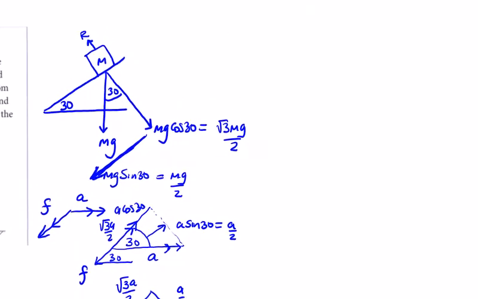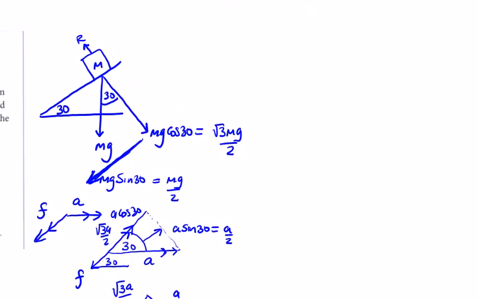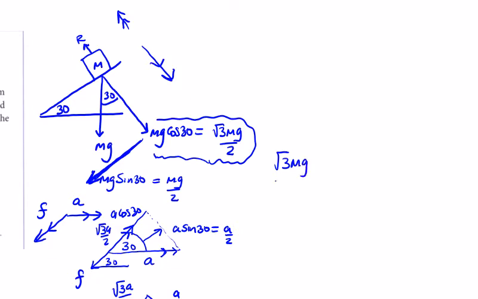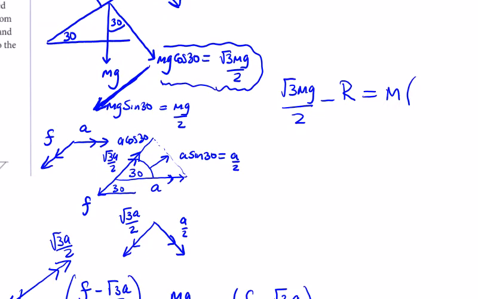I also have perpendicular to the slope with this particle. Let's see what's happening perpendicular to the slope here. We're going to say that it's going down in this direction because it's not going to jump off the surface. So we start with root 3mg over 2 minus, opposing that, R, is equal to m times a over 2, which we worked out down here.